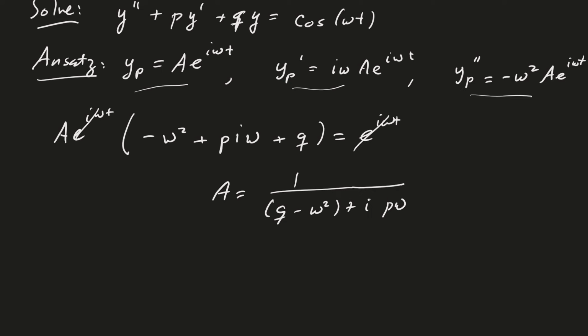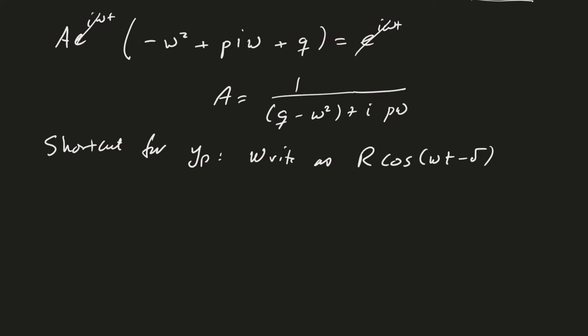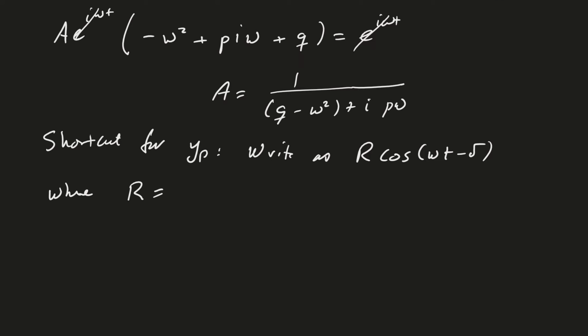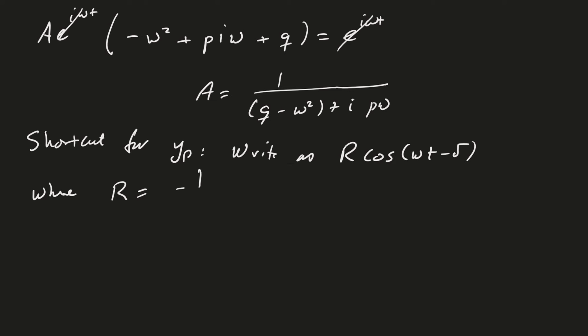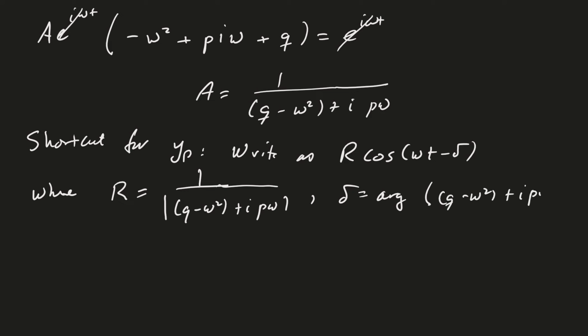Good. And so what we said was that for the shortcut, we can write y sub p as r times cosine of omega t minus delta, where r is equal to 1 over the absolute value, or the magnitude, of q minus omega squared plus i times p omega, and delta is the argument of this complex number, q minus omega squared plus i times p omega.